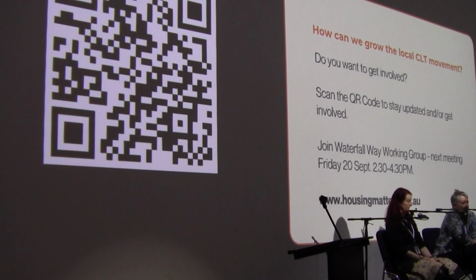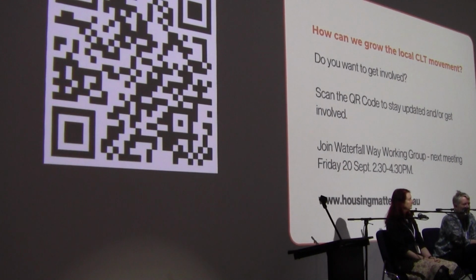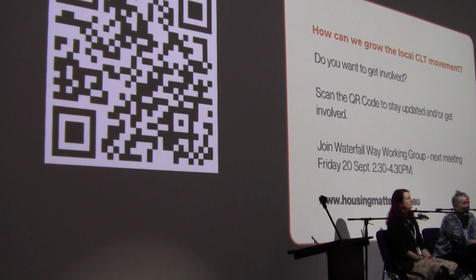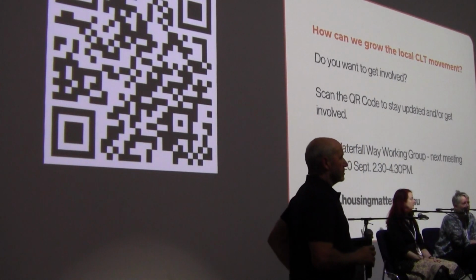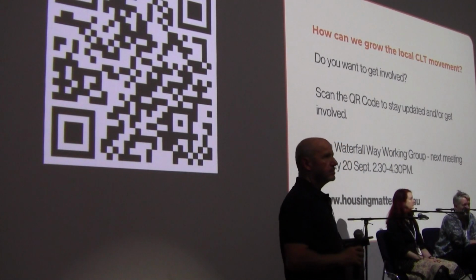So some people think it's possible to develop a CLT based on a financial model where there is a return on investment for land. That's not the model that we're looking at. I hope that we're wrong and that in the future it is possible, but we are genuinely looking for low cost or no cost land.